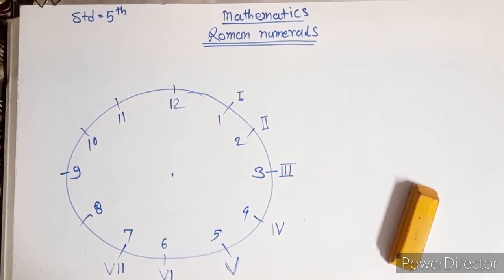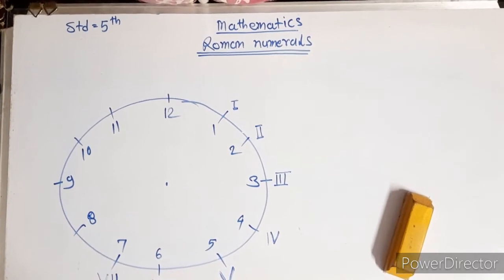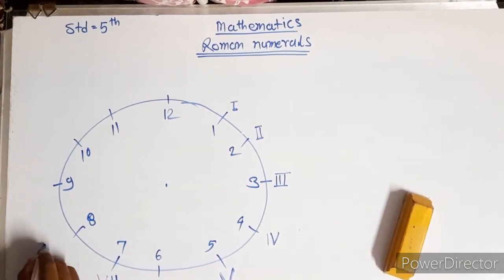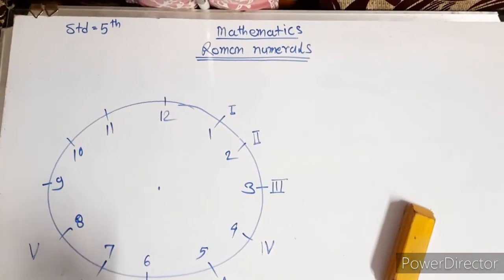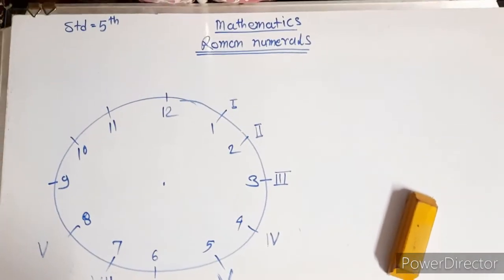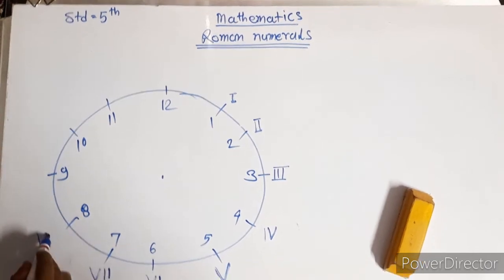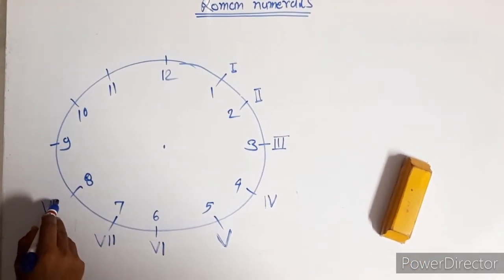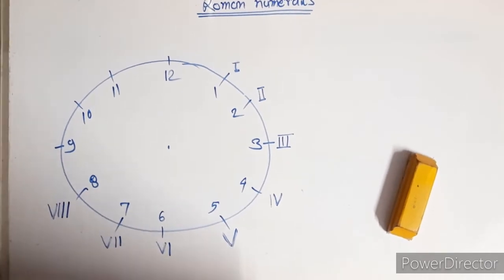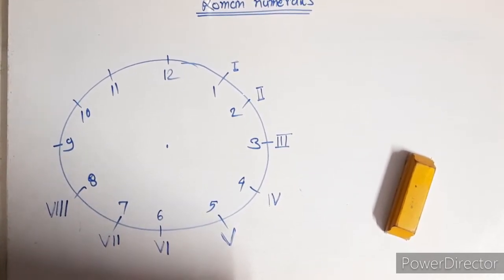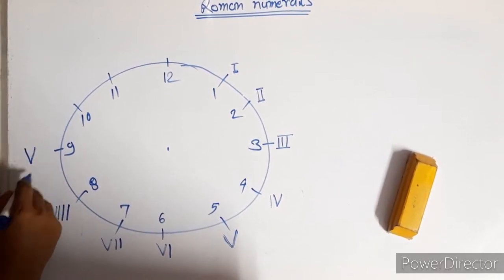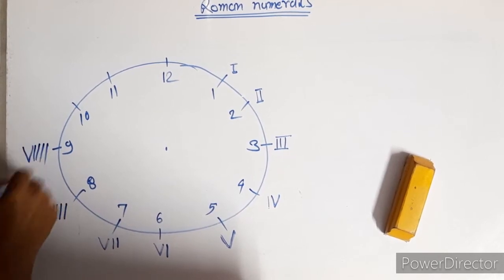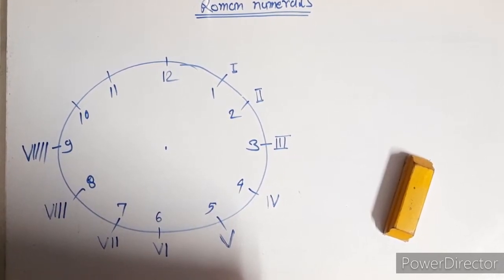Now, if we write 8, it is easy. V means 5, 6, 7 and 8. Now, we cannot write the number 9 this time.